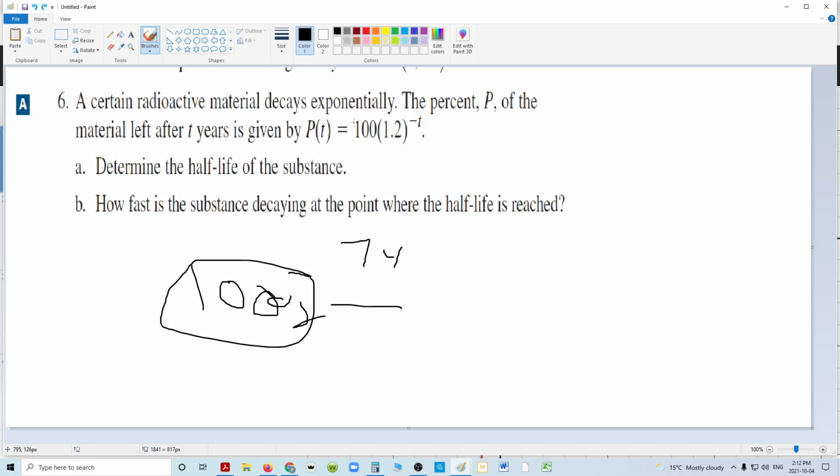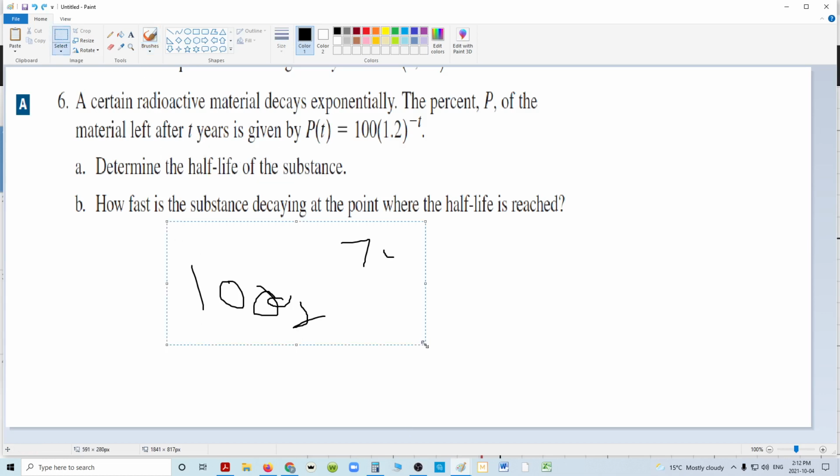In this case, they give us a percentage. P, the percentage of the material left after t years, is given by this. So 100% of the material will be there at time 0, which is equal to that. Okay? To determine the half-life, I need to know the initial amount of the substance.